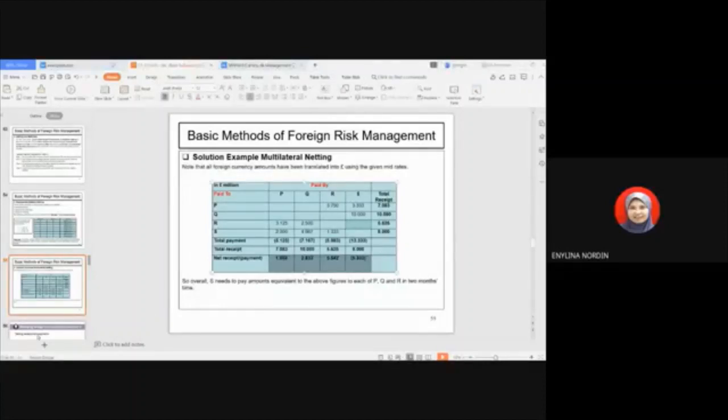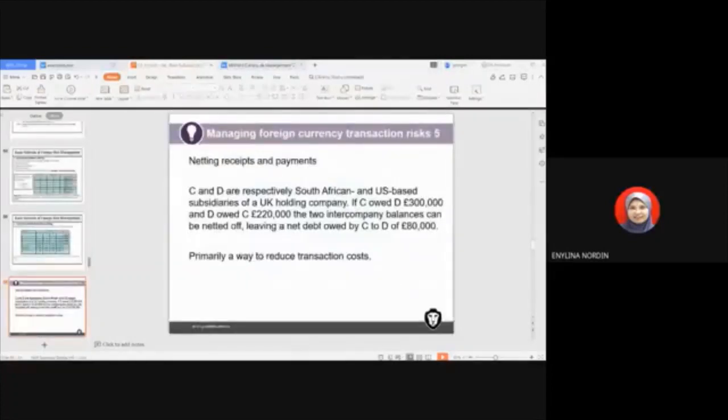Okay, next, here we can see another example, netting receipts and payments. C and D are respectively South African and US based subsidiaries of the UK holding company. So if C owes D 300,000 pound and has to pay D 300,000 pound, and at the same time D owes C 220,000 pound, you compare these two figures.